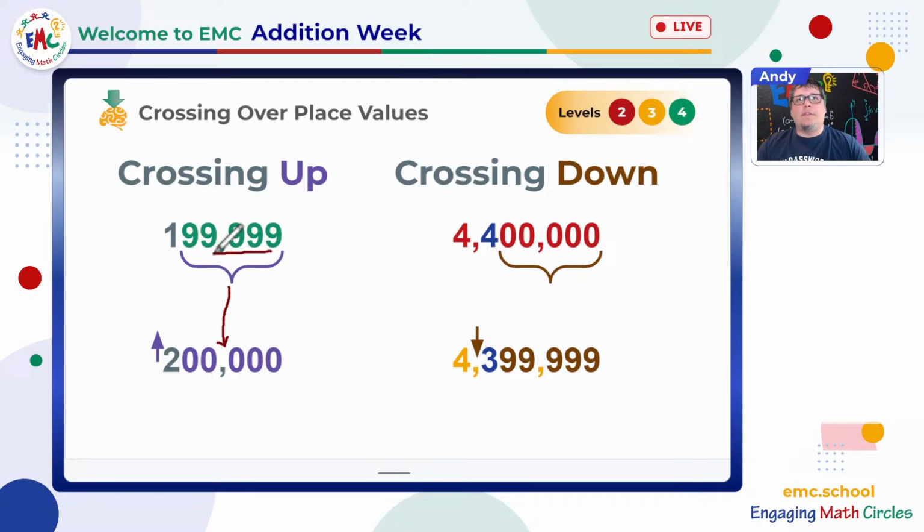Make sure they have to all be 9s for this to happen. You stop at the first thing that's not a 9, and then you add 1. When you're crossing down, all of your 0s become 9s, and you subtract 1 from the first place value that wasn't a 0. Okay, and this is crossing up and crossing down.